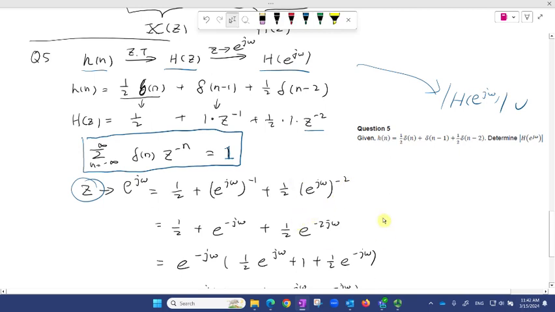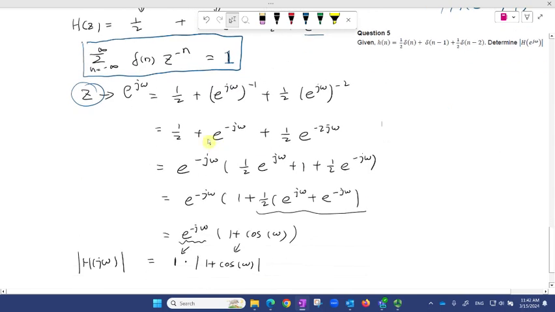What's next? We just bring this one in, because you can do that for an exponential function, and this one in as well, so it's in the exponent of e. Then we take e to the -j omega out.